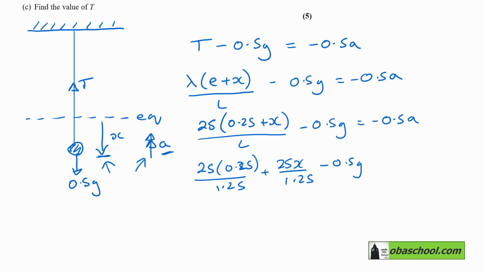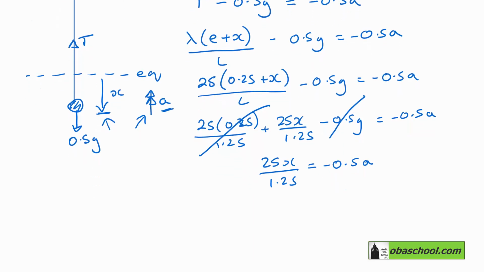Take away 0.5 g is equal to negative 0.5 a. But we know that this and this will cancel out. That's the equilibrium position. And so we just have 25x over 1.25 is equal to negative 0.5a. And rearranging, doing a bit of calculating, gives us that a is equal to negative 40x.